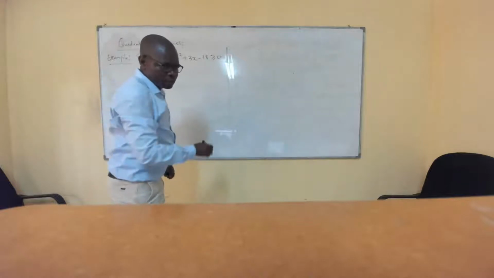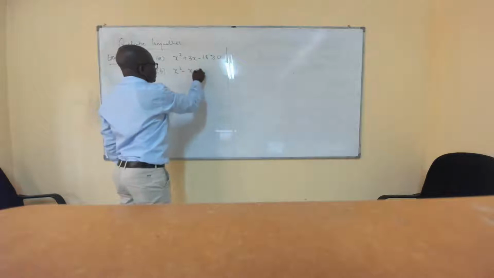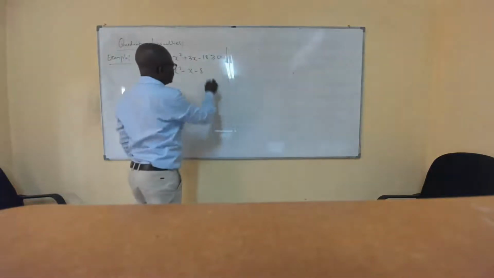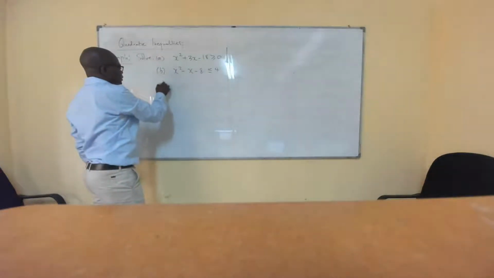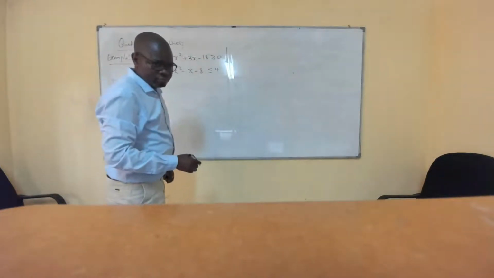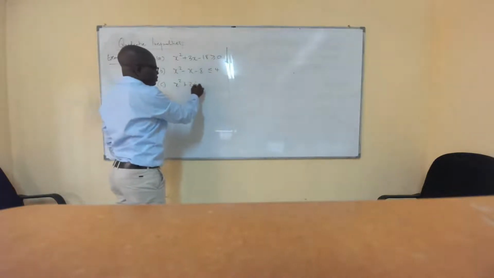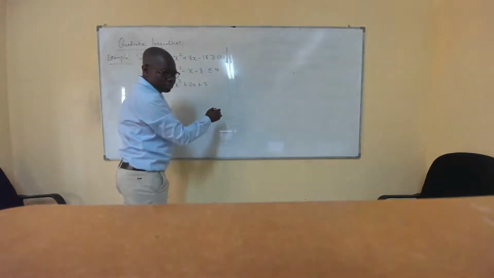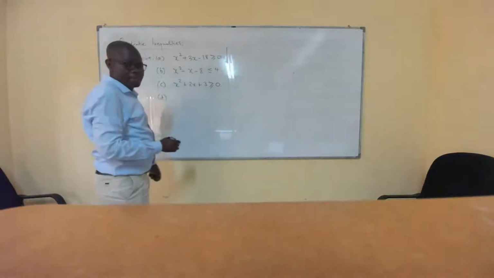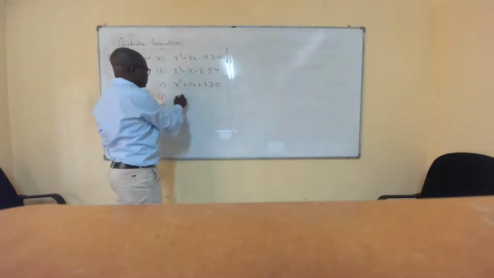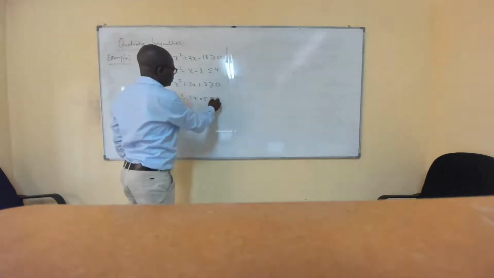B, x squared minus x minus 8 is less than or equal to 4. C, x squared plus 2x plus 3 is greater or equal to 0. D, x squared minus 3x minus 5 is greater or equal to 0.